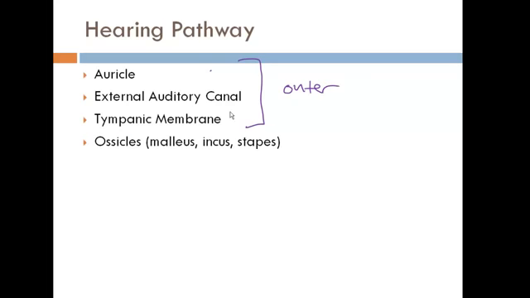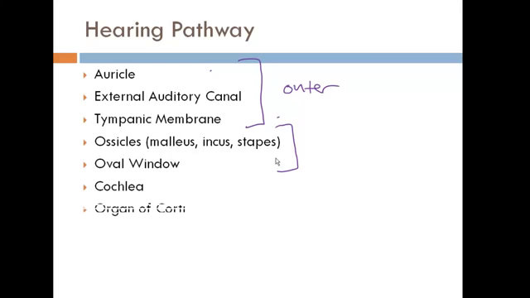And then from there, the three small ear bones, the ossicles, conduct those vibrations farther until they reach the oval window. The oval window then transfers those vibrations to the cochlea. There's our middle ear.